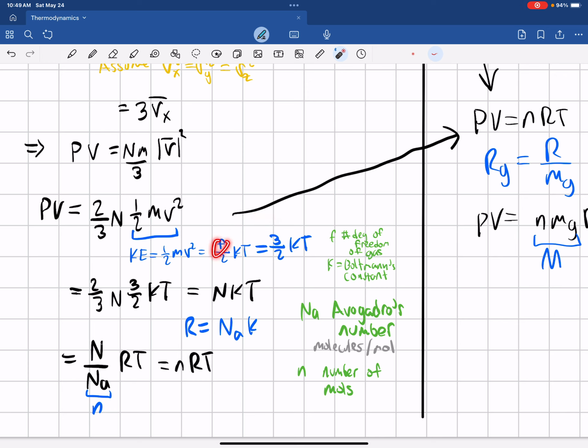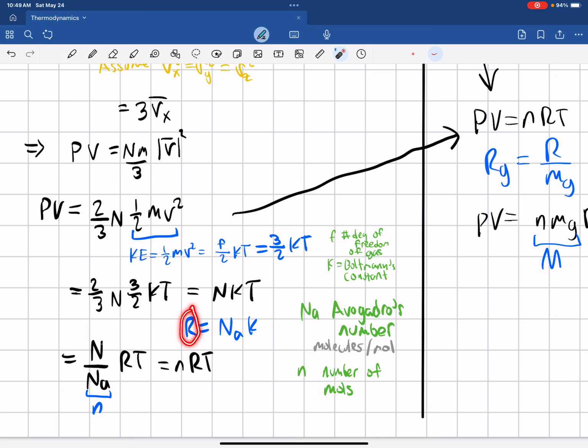Now, what is F? F is the number of degrees of freedom of the gas. So how many directions can it go, which in this case is 3 directions, X, Y, and Z. And K is the Boltzmann constant, T is temperature. So now plugging that in, we'll get 2/3 and 3/2 kT. These cancel out, we get NkT.